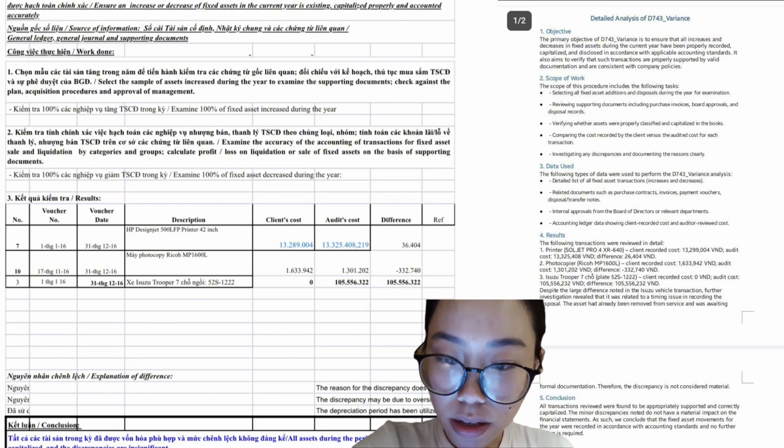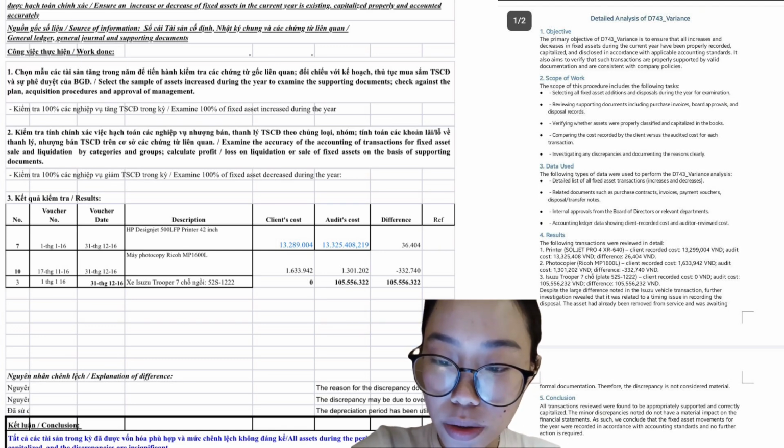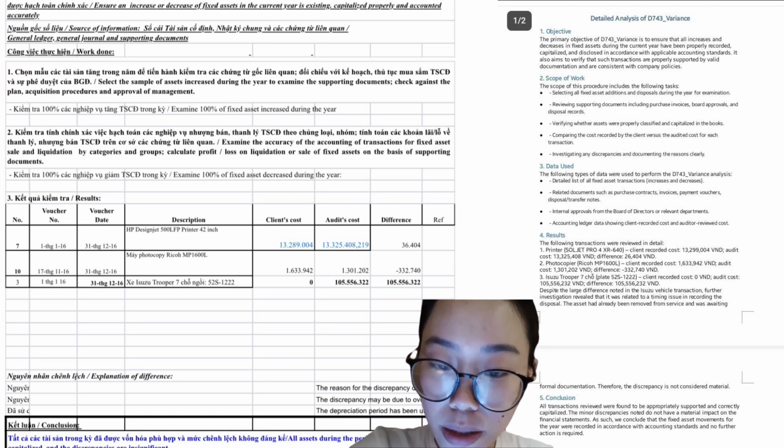Analysis of D743 variants. One, objective: the primary objective of D743 variants is to ensure that both increases and decreases in fixed assets during the current year have been properly recorded, capitalized, and disclosed in accordance with applicable accounting standards.